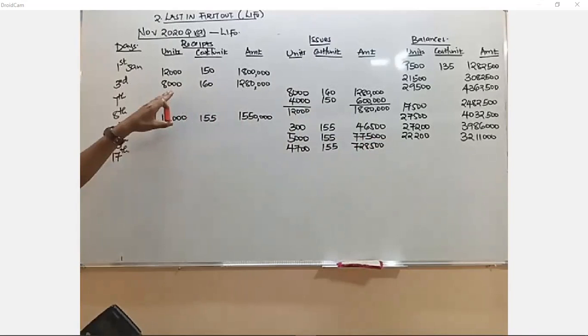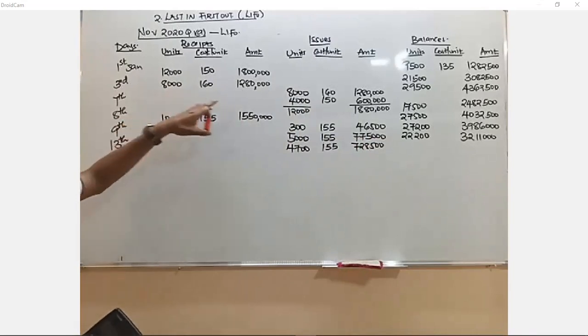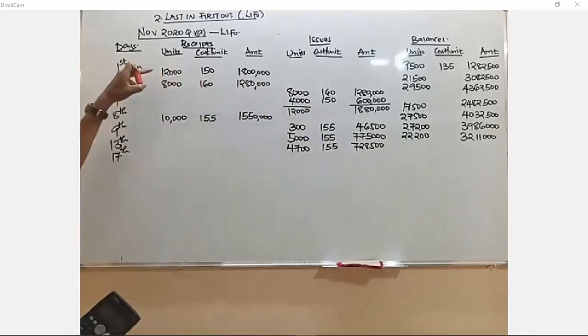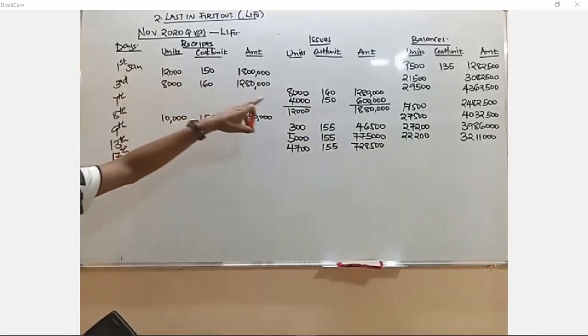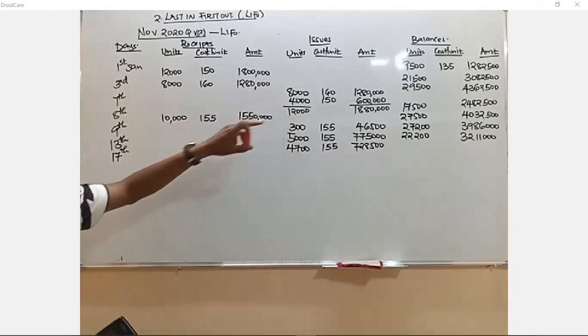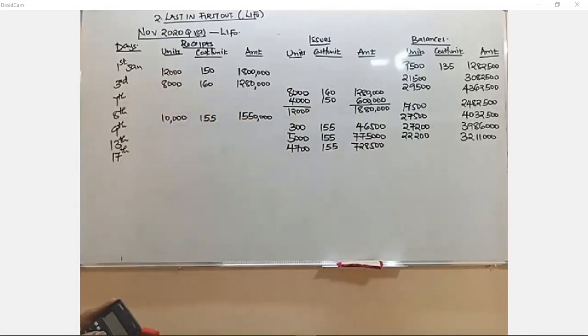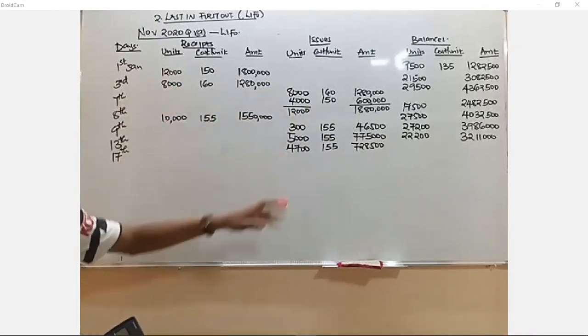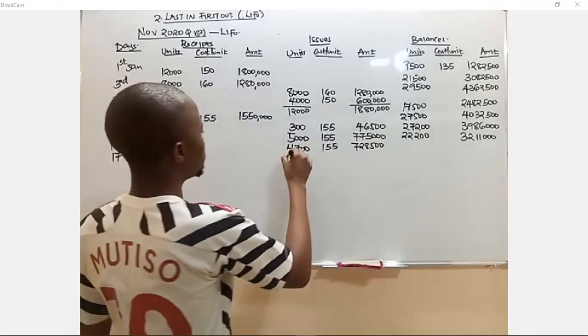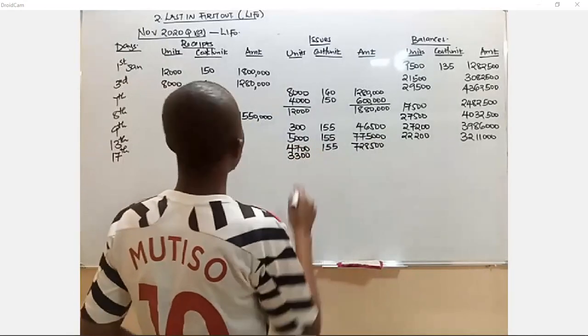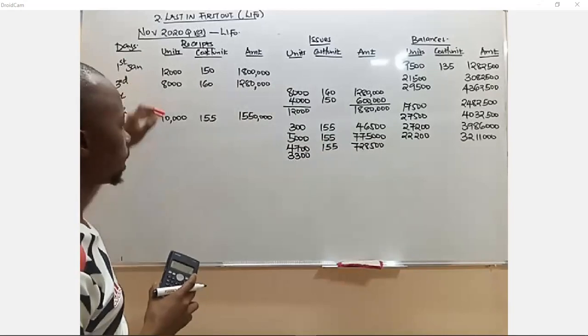I can see on the side of 160 here, right? On the side of 160, we sold everything. Now we go to the 12,000 batch. We were able to sell only 4,000. So the balance is how much? 8,000 there. So what is our balance to attain 8,000? You tell me it's that 3,300. Getting it from where? From the 12,000 batch at 150.